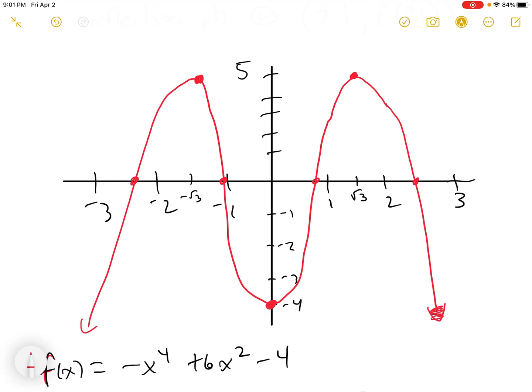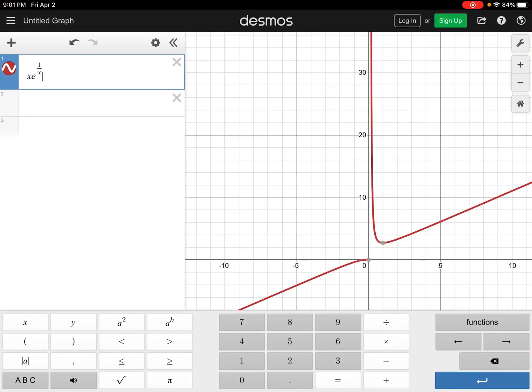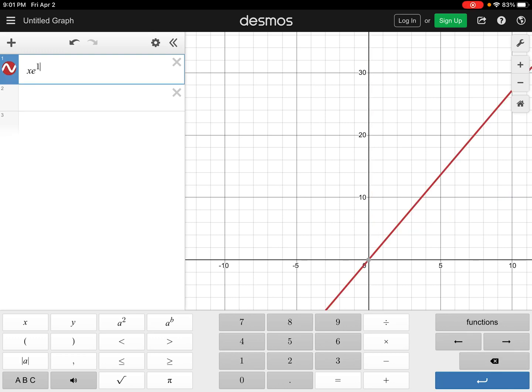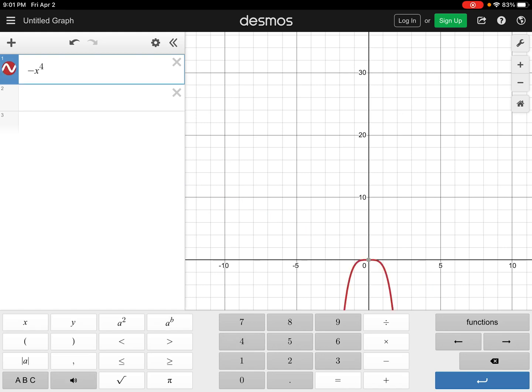And that's that. So let's look at Desmos just for fun. I want to see where those zeros are. So minus x to the 4th plus 6x squared minus 4.